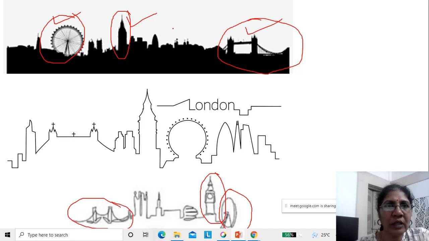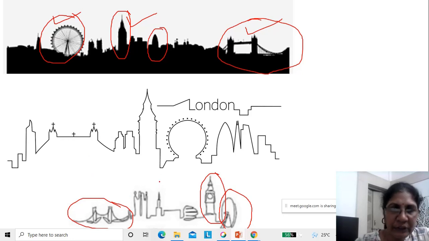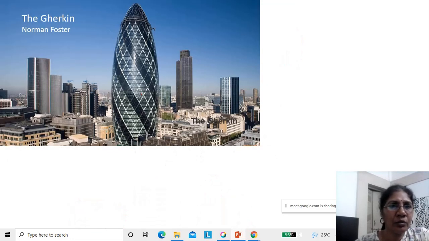So this is the clock tower, and one more building which is situated over here. If you can identify these 3-4 buildings, then it would be easy for you to also find out the skyline, right? So the other building is Gherkin, designed by Norman Foster.